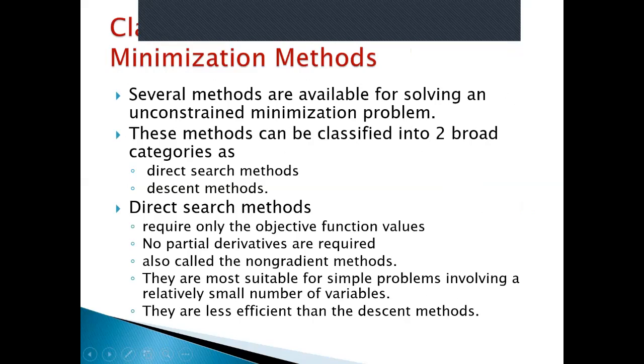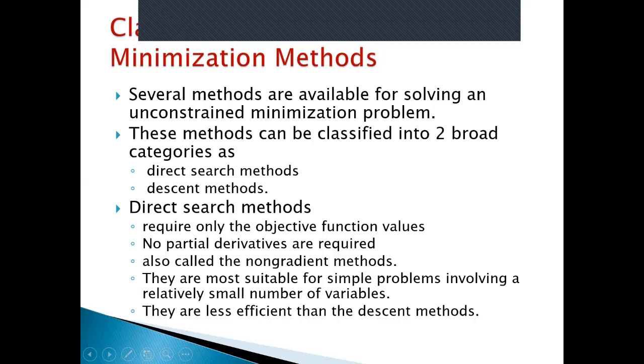There are several methods available for solving unconstrained minimization problems. Two broad categories are direct search methods and descent methods. Direct search methods require only the objective function. No partial derivatives are taken, and that is why it is called a non-gradient method. So it is clear, if we take the derivative of the objective function, it is a gradient method, and when we don't take any derivative, it is called a non-gradient method.